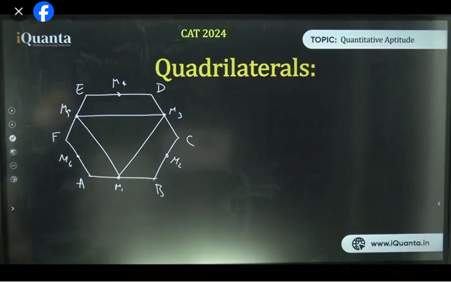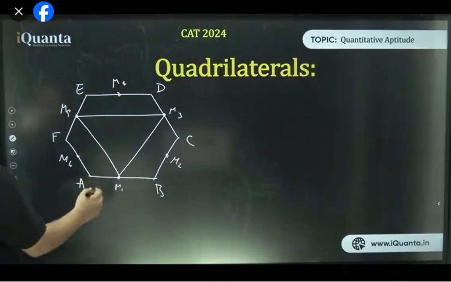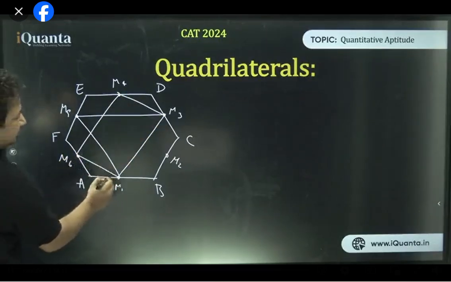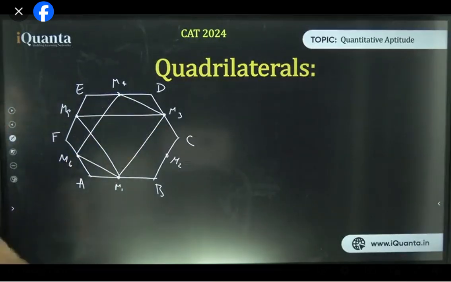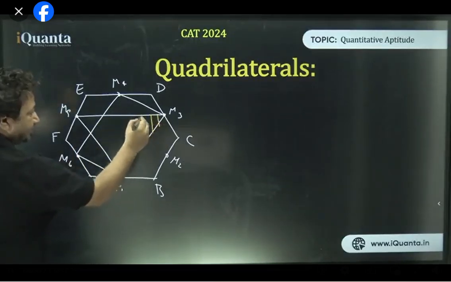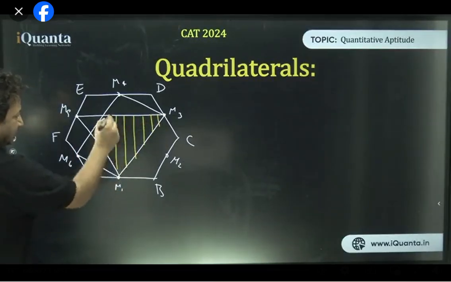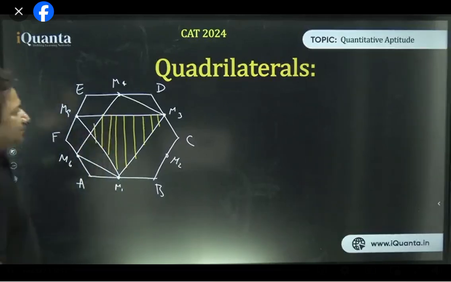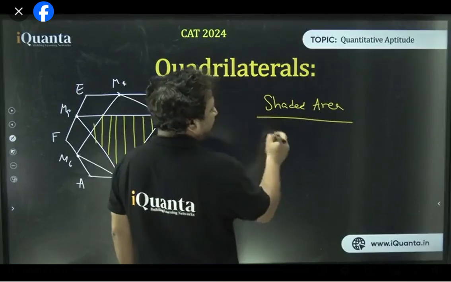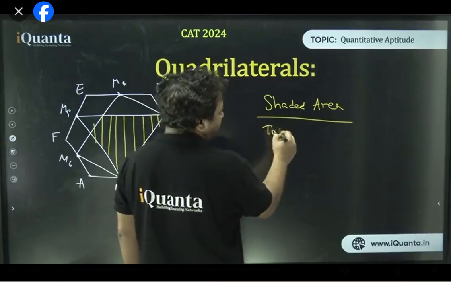Okay, and then they join M1, M3, M4, and M5, M6, and this will make a rectangle. So what do you have to do? You have to wait. I'll shade the area. I've shaded the area. I want you to tell me the ratio of shaded area upon total area of the hexagon.